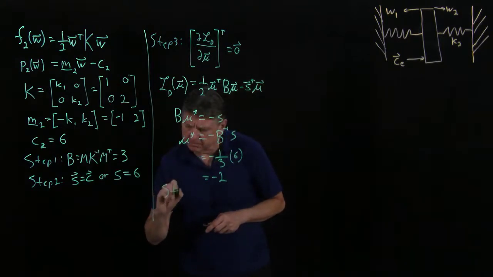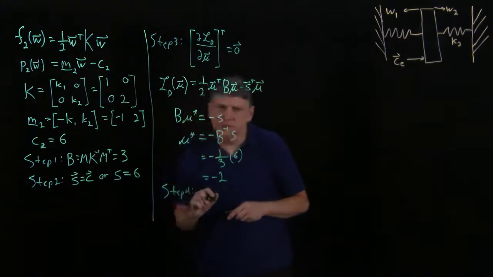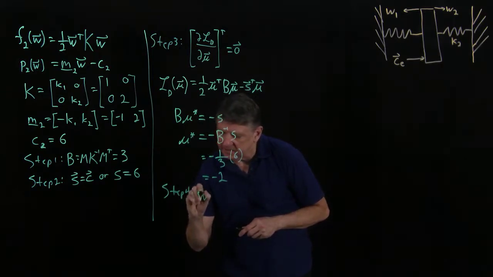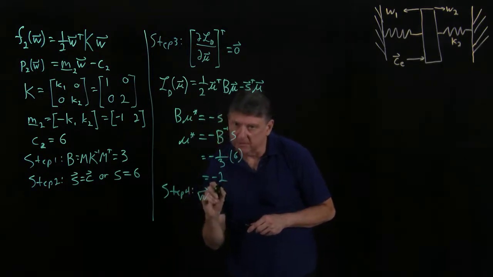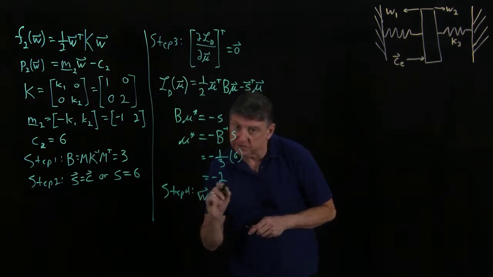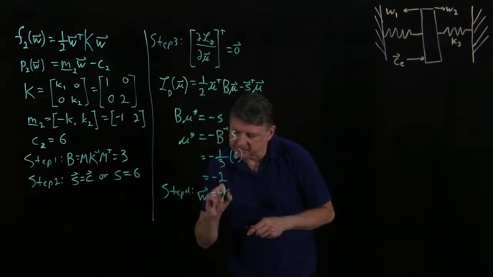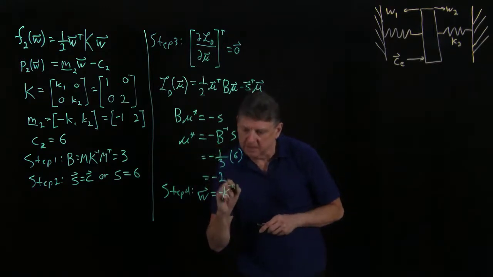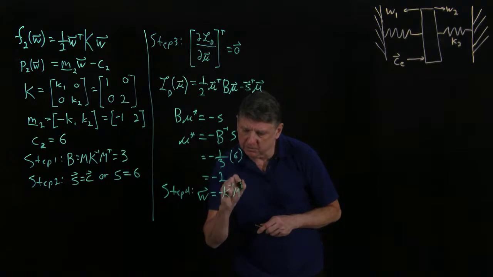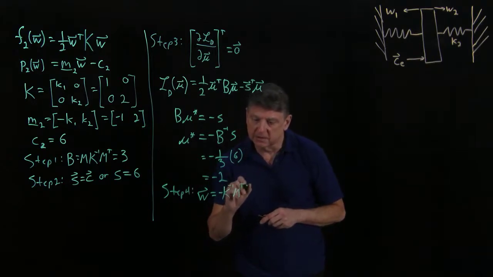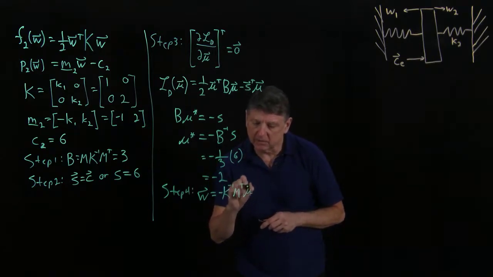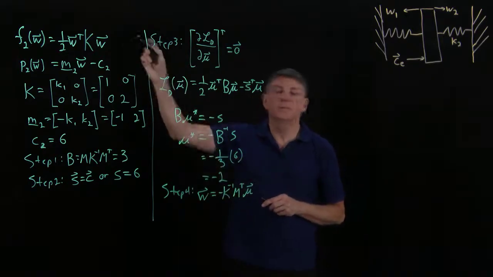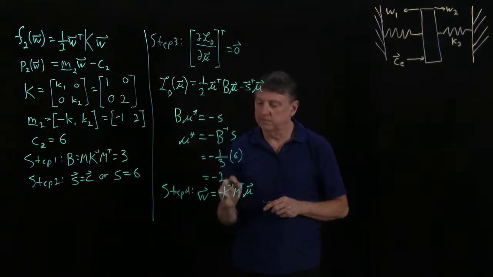Step 4 is, in general, we compute any vector argument is constrained to be minus the inverse of the symmetric positive definite matrix times the transpose of all of our constraints times our Lagrange multipliers. And there's possibly a Q term that we don't involve here.